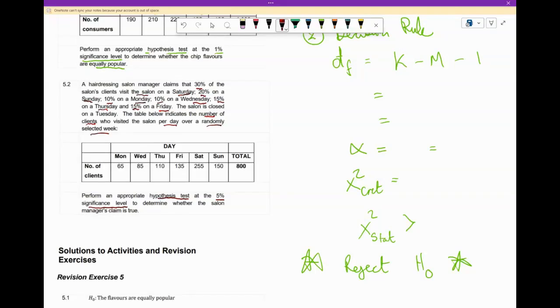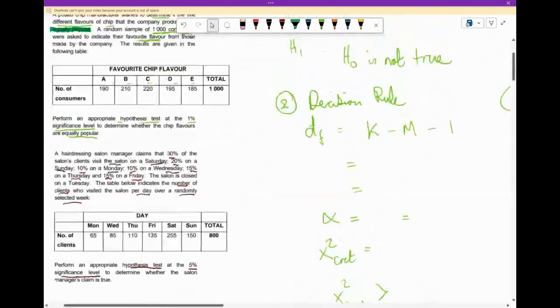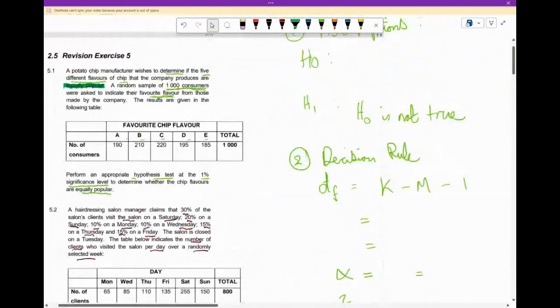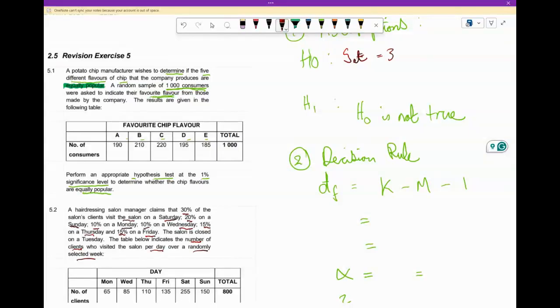Okay. So here again, you can see H0 is going to have your equal sign. So you're going to say Saturday is equal to 30%. And then Sunday is equal to 20%.